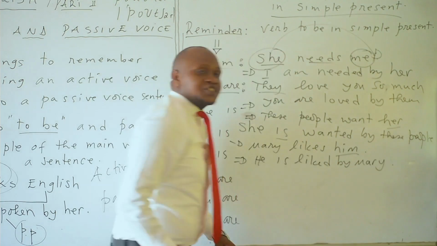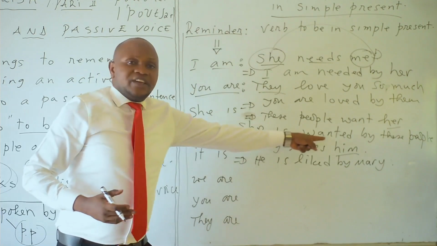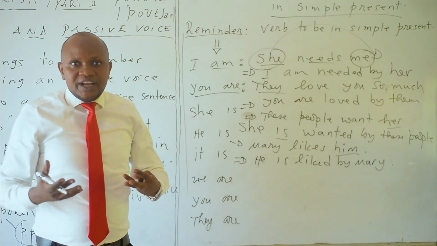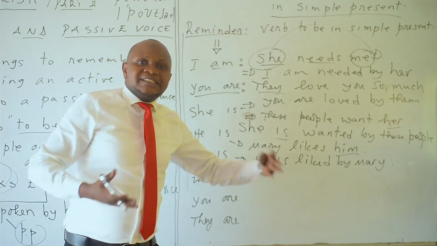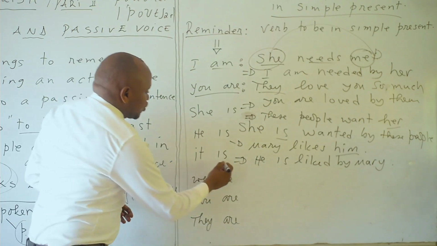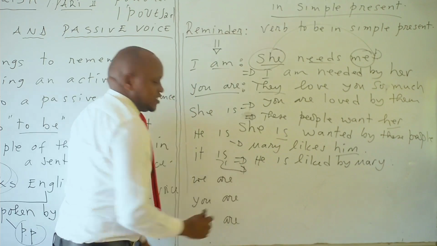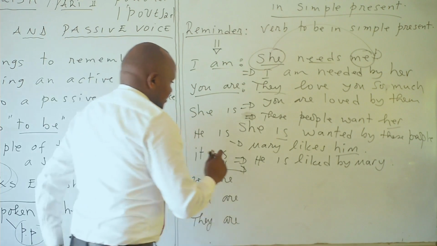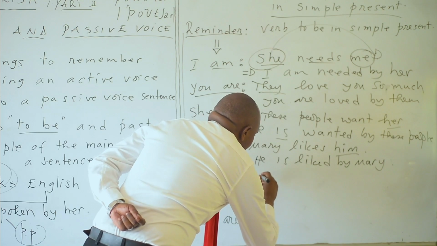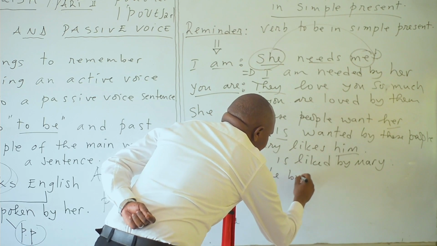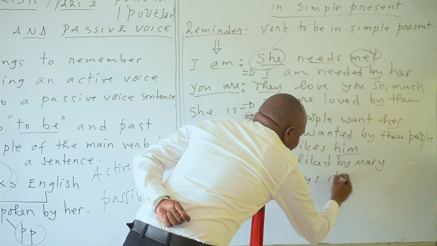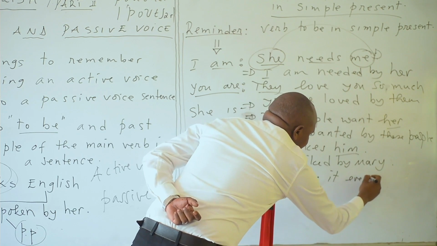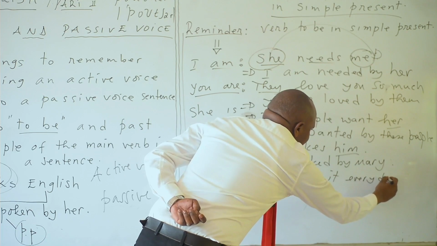He is liked by Mary. Mary likes him. Mary aramukunda. Akundwa na Mary. Let us go to it. It, which is it is. Okay? For example, you can say, she buys it every day. She buys it every day.